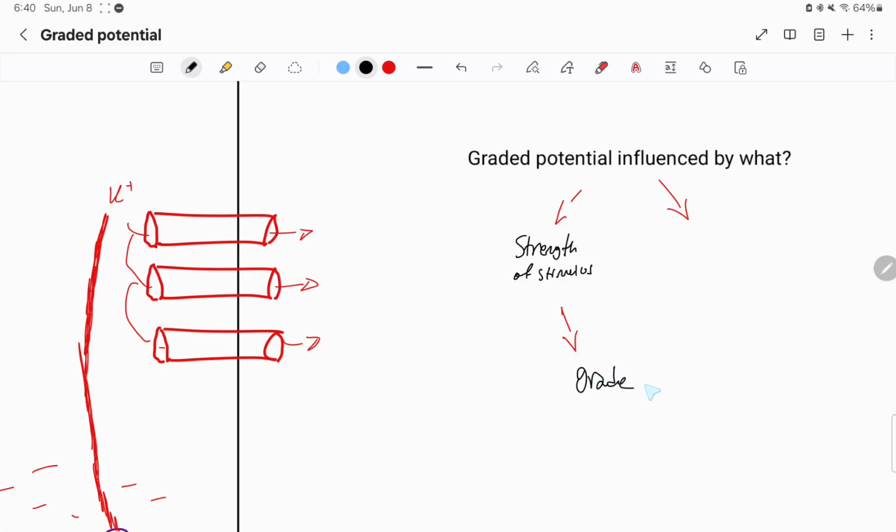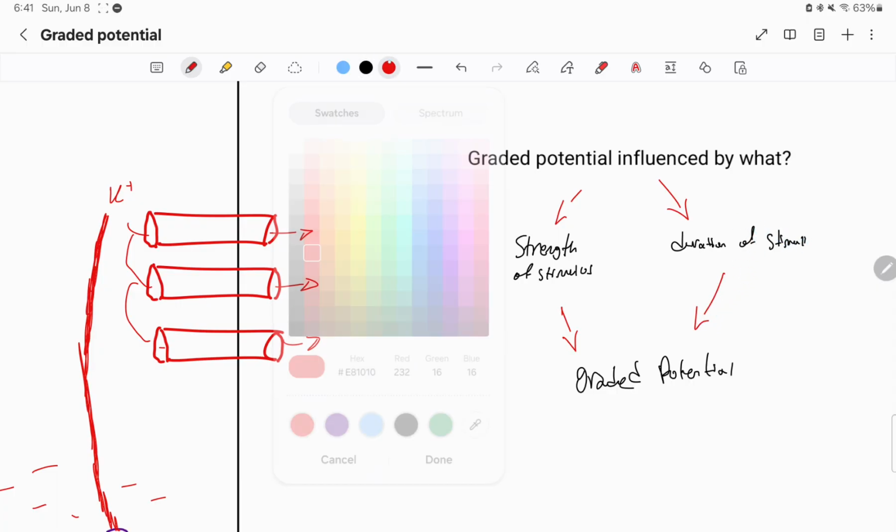Bear with me here, I'm going to write this down and I'll explain what I mean. The other thing is the duration of the stimuli, which will also affect the graded potential.